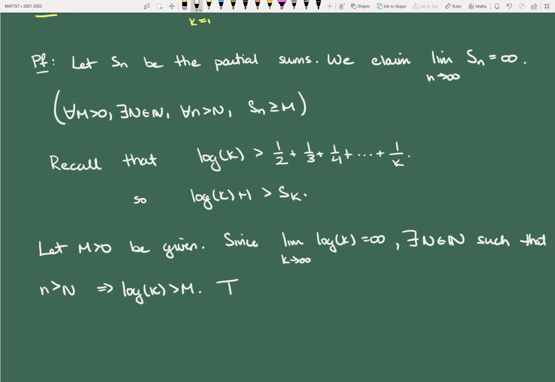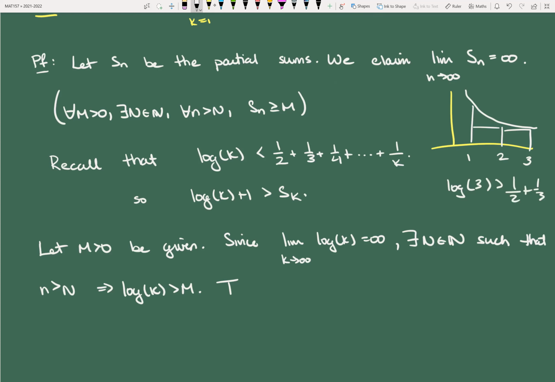Wait, did I do this backwards? Log k is less than this. All right, hold on, let me draw it out. Somebody double check my sign here. So we've got 1, we've got 2, we've got 3. We use the lower bound, right? So we get that log of 3 is actually going to be bigger than 1/2 plus 1/3, right?